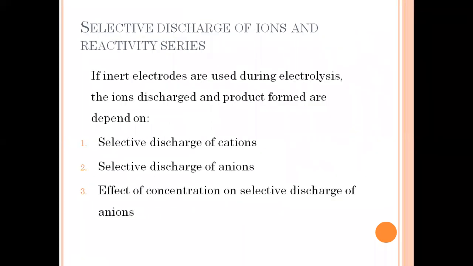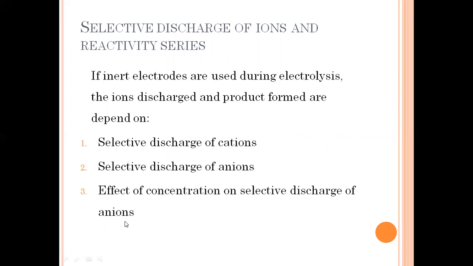So here is a reactivity series which helps us during electrolysis of an aqueous solution. If inert electrodes are used during electrolysis, the ion discharge and product formed depend on selective discharge of cations, selective discharge of anions, and the effect of concentration on selective discharge.